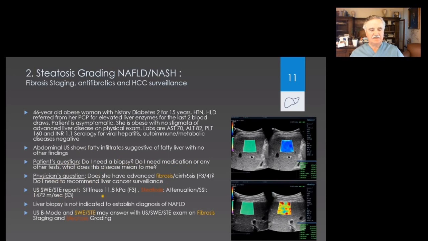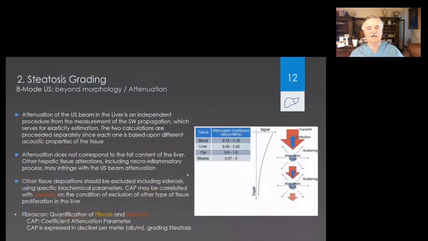In this case, the liver stiffness is higher, and steatosis also is higher. For patients with these results, liver biopsy is not indicated to establish the diagnosis of NAFLD. Ultrasound B-mode and shear wave elastography may answer with one ultrasound exam on fibrosis staging and steatosis grading.